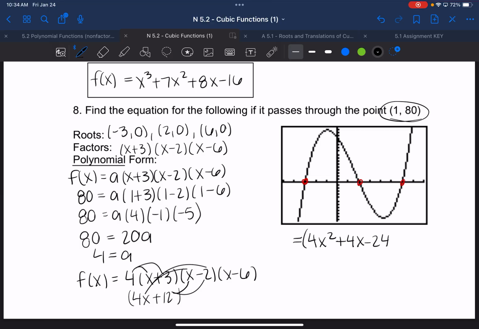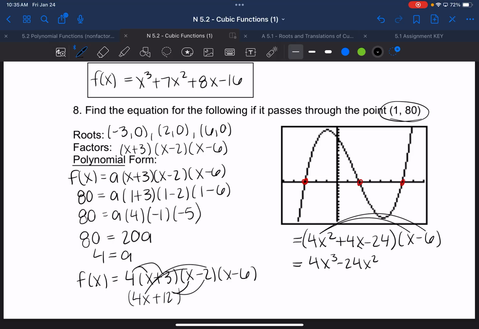All right. And then we still have that factor of x minus 6 that we got to multiply by, right? Okay. So 4x squared times x would give us 4x cubed. 4x squared times negative 6. Good.